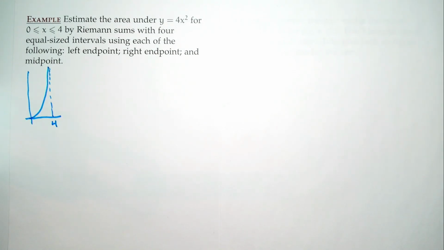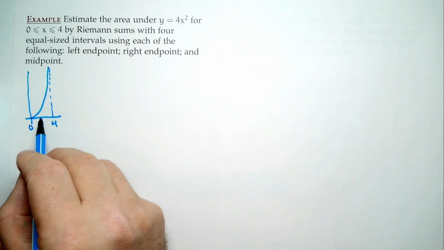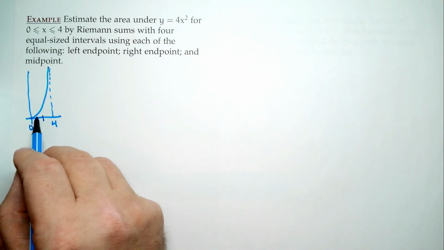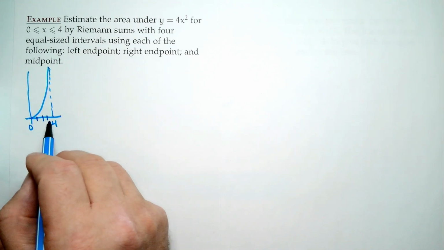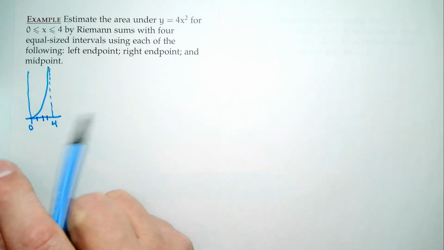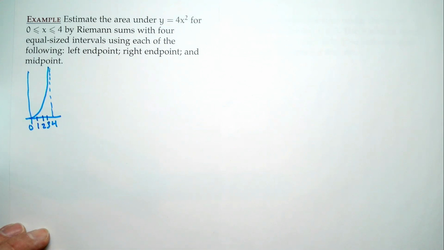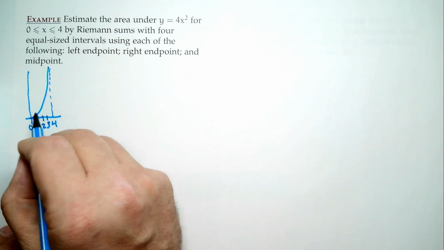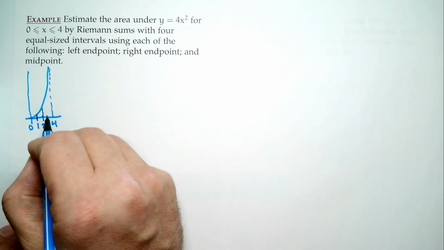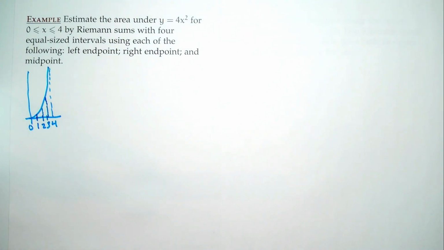Between 0 and 4, I want to split this up so I have 4 equal-sized parts. So we want these to be equally spaced. So where will these points be at? 1, 2, and 3. So my 4 intervals are from 0 to 1, 1 to 2, 2 to 3, and 3 to 4. Those will be my 4 different intervals.